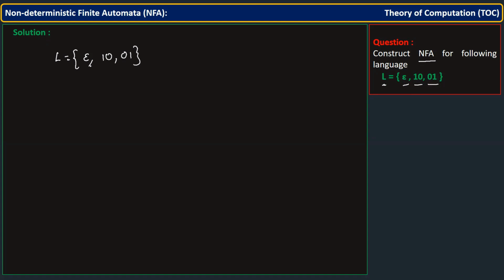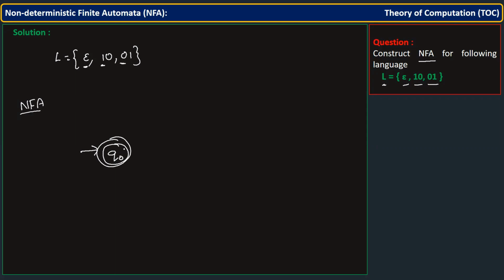Now, because there is an empty string, in the NFA what must the initial state be? That must be a final state. So this is the final state for the empty string. After that, if you observe the remaining two words, one string starts with 1 and another starts with 0.